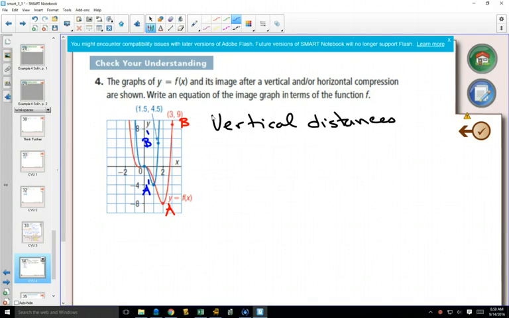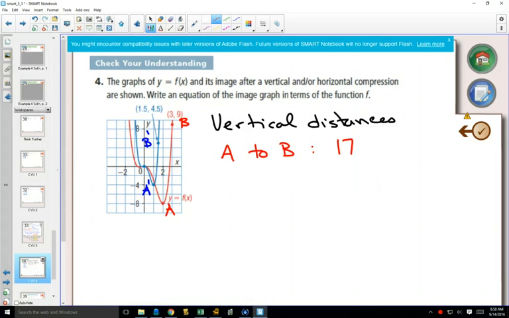So when we're looking at our vertical distances, first we're going to look at how far it is from A to B. We go at -8 all the way up to 9.